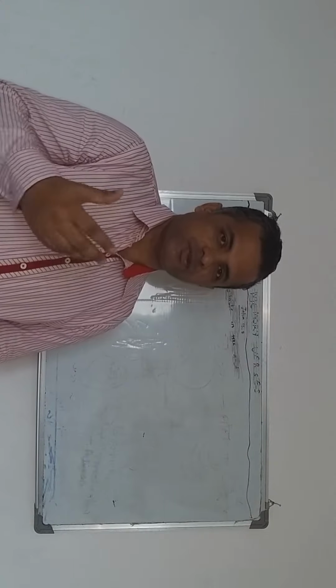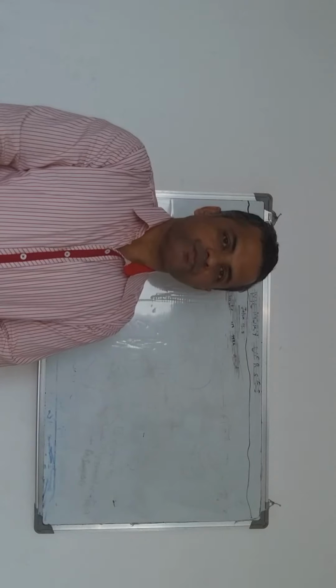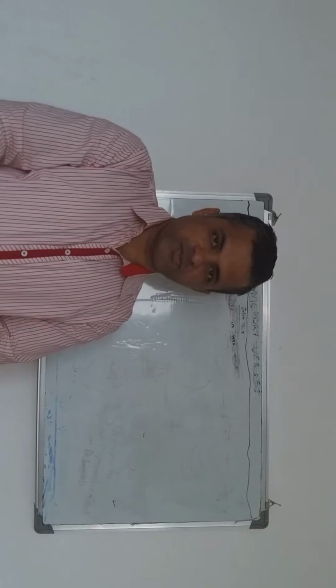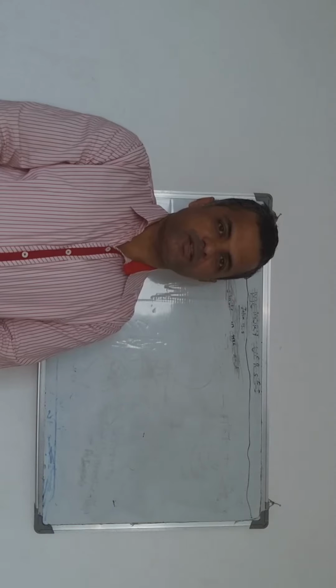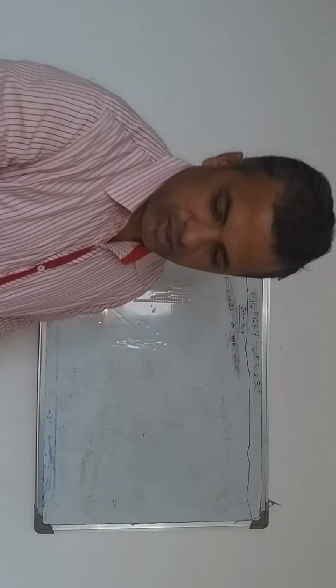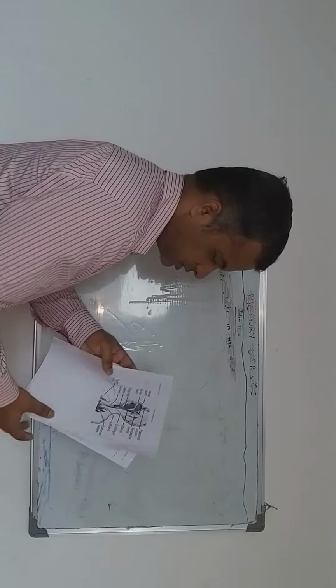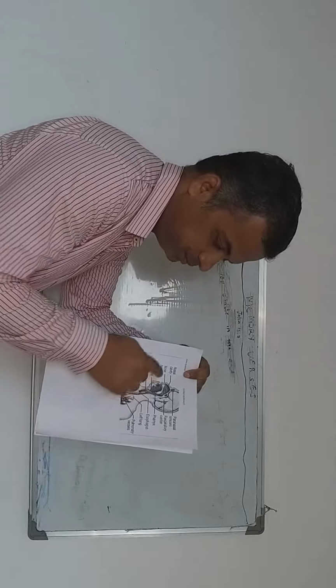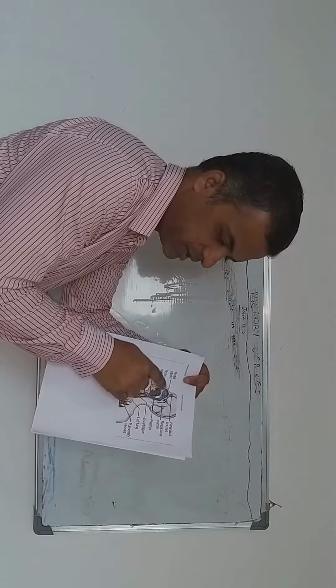Let us just try to recollect what all we have studied. We studied the importance of the nose in the process of respiration. We also studied that mouth and nose can both be used for respiration, isn't it? The opening through the mouth also leads to the same passage as the nose.